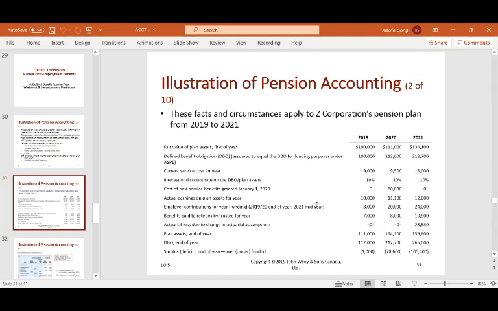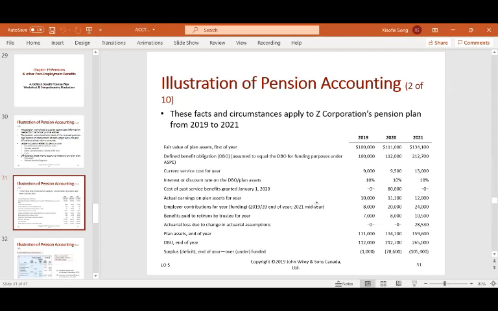So the contribution, similar to the past service cost, if you put the money into the funds at the end of the year, there would be no returns on that amount this year. It hasn't got the time to earn anything. However, if it's mid-year, evenly spread, then that contribution would have time to earn some returns.